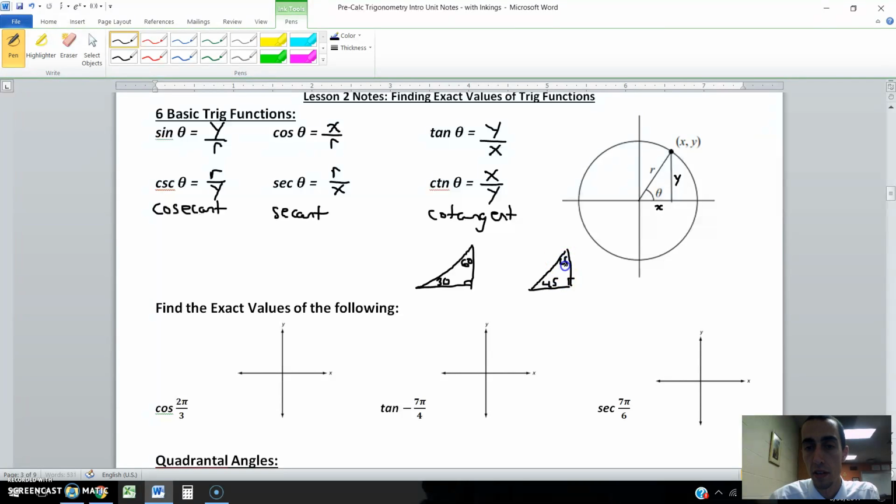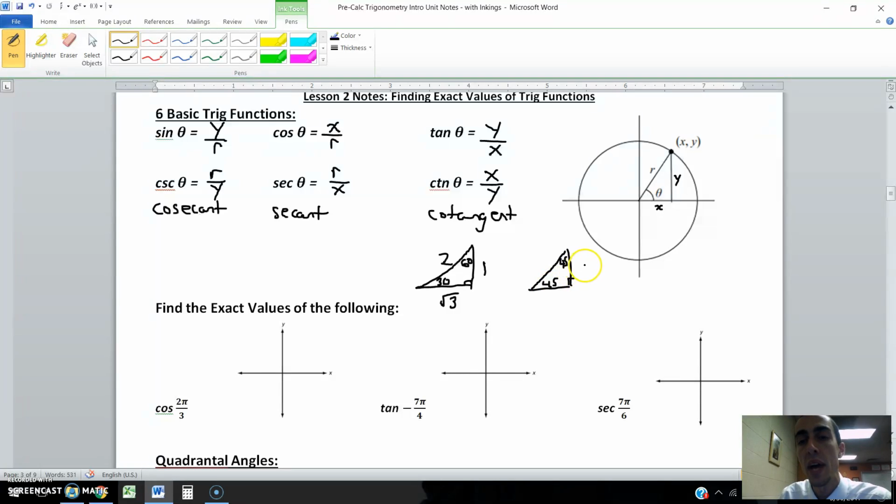All right, so one basic form of a 30, 60, 90 triangle has side lengths of 1 unit, root 3 units, 2 units. The 1 unit long side is always found across from the 30-degree angle, the root 3 side is found across from the 60, and the 2 side is found across from the right angle.